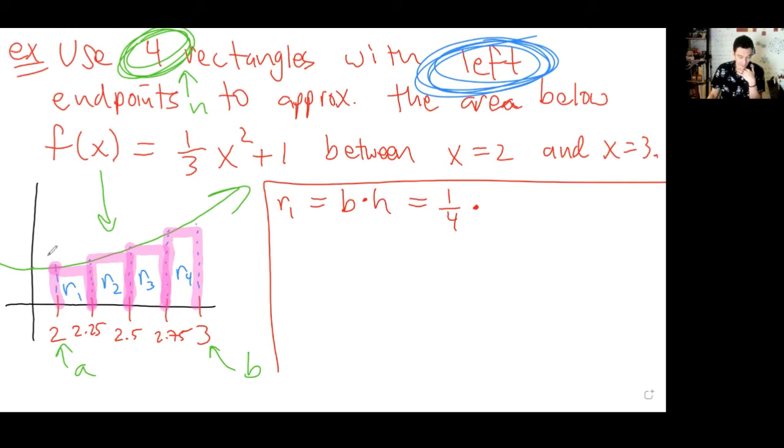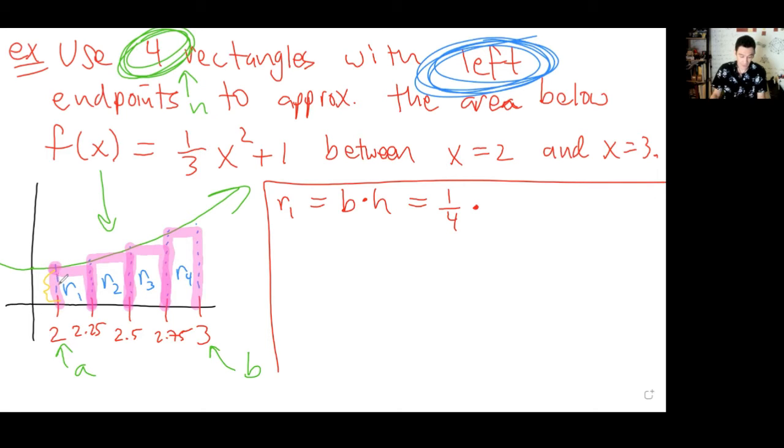Well, see, that's the thing. Since I'm using a left endpoint, I'm going to use the number 2. I'm not going to use 2.25, not for rectangle 1. I'm talking about rectangle 1. And the height of this rectangle is this here in yellow. See that there in yellow? That's the height of that first rectangle.